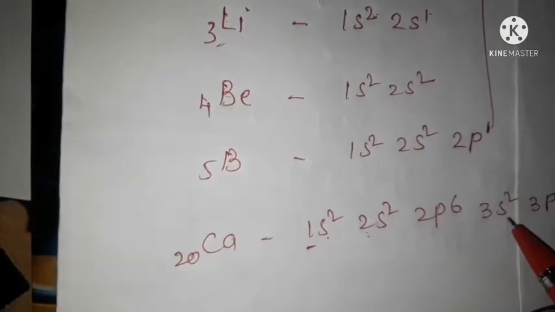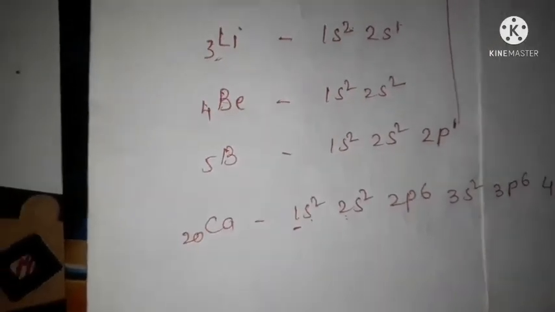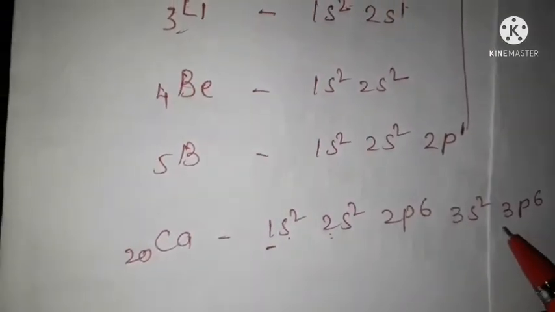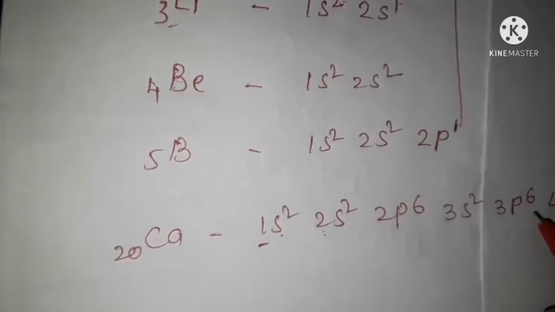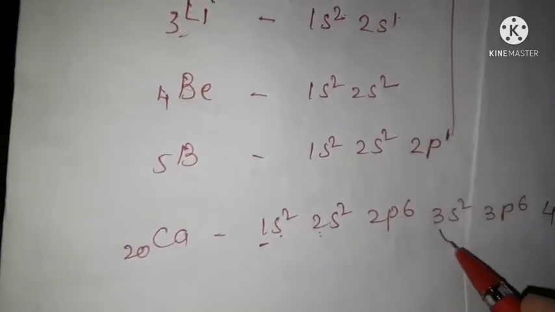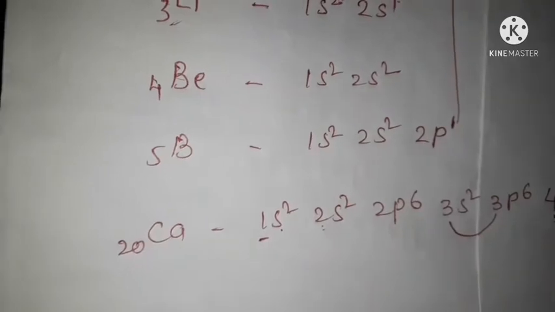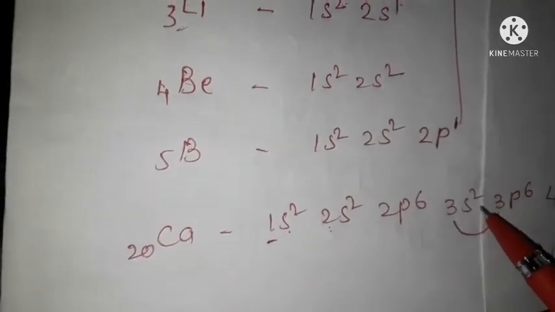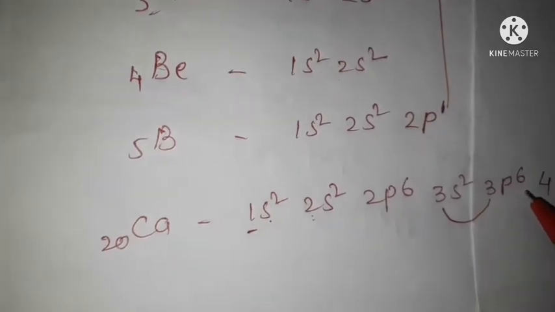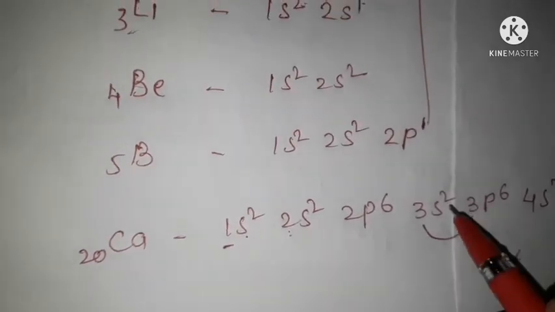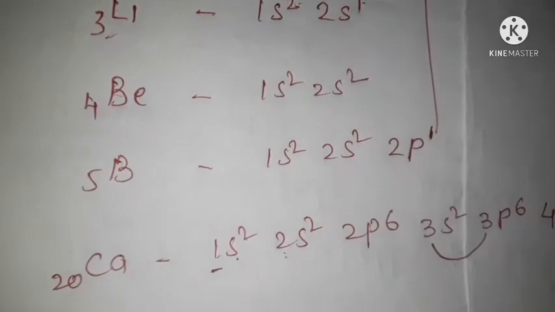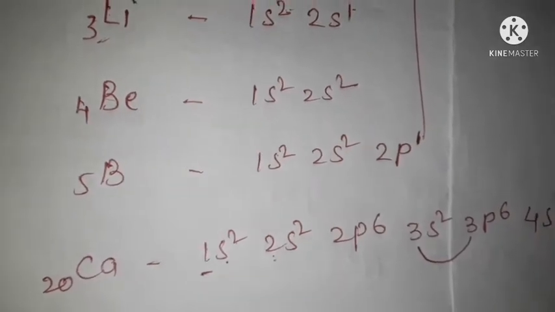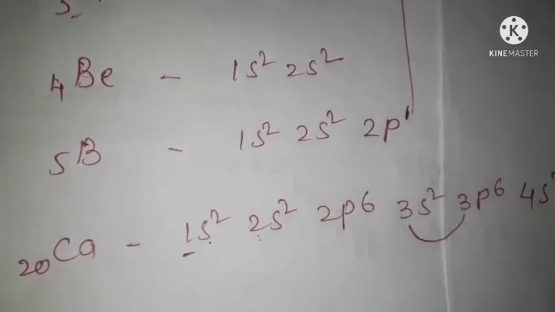Now 3s2 is completely filled, and 3p6 is in the same cell, so here S is fulfilled and P is also fulfilled. Now after filling it, we use 4s2. Now S is also completely filled.